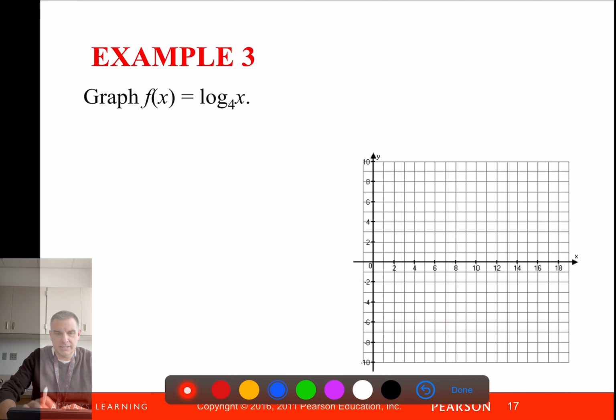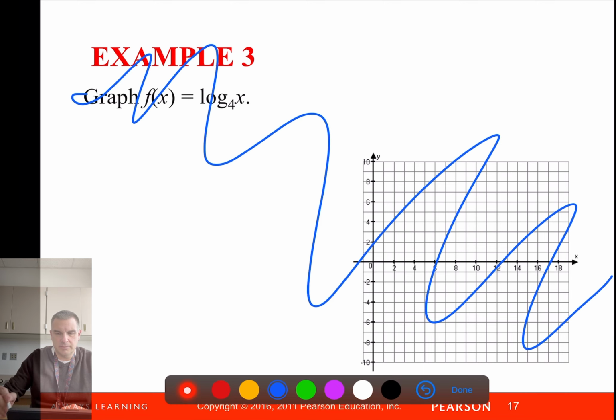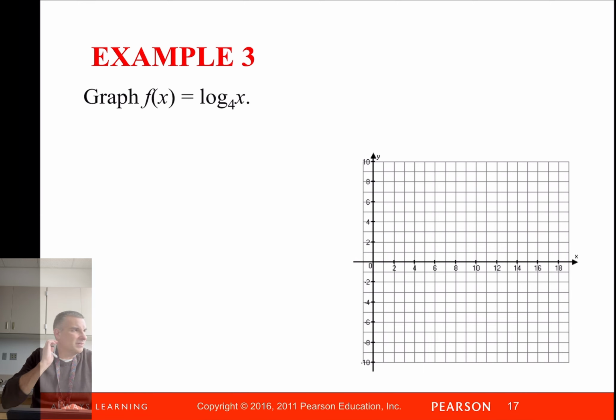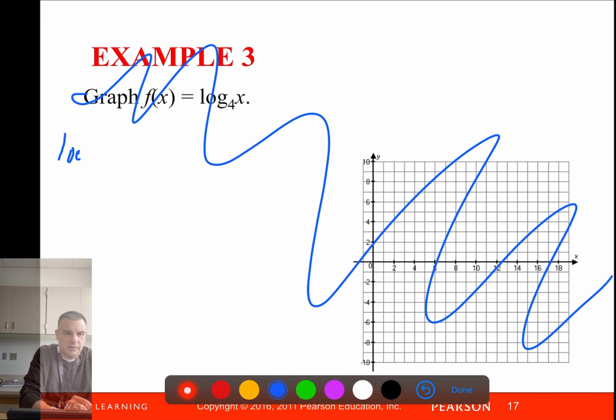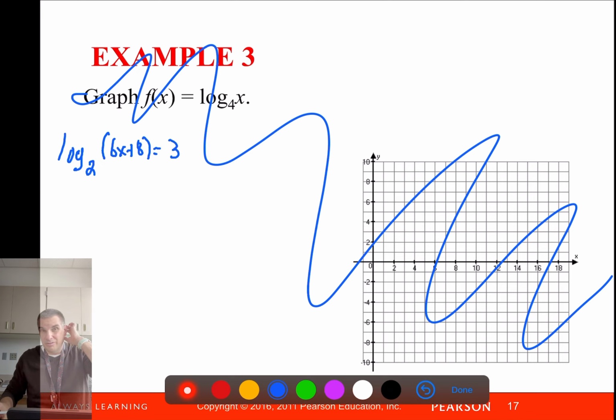I want to do one more example, not a graph one, just one more logarithm one. So let's say we've got log base 2 of 6x plus 8 equals 3. It's in logarithmic form, so we're going to write it in exponential form.